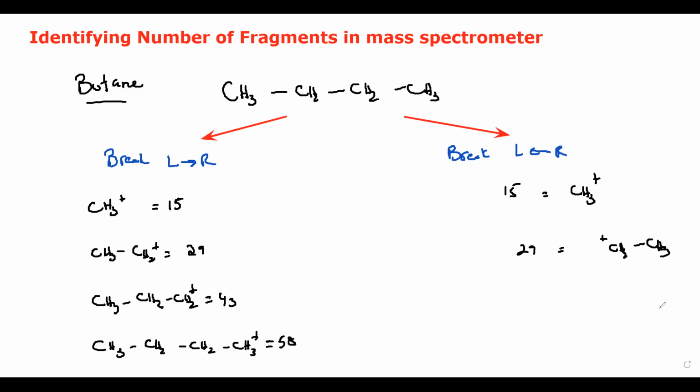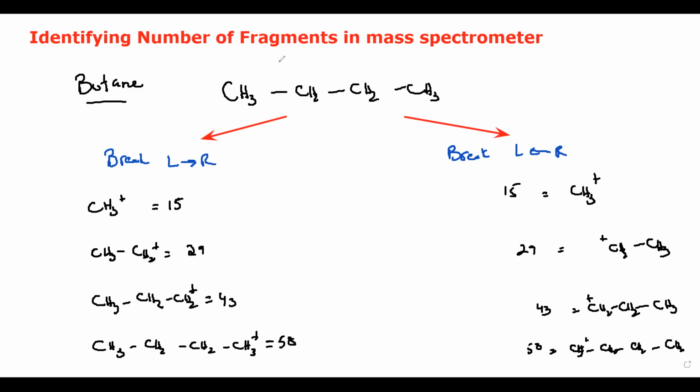It might be CH3 CH2 CH2, 43, or it might be CH3 CH2 CH2 and CH3, so it will be 58. So we are getting the common peaks because the molecule is symmetrical.